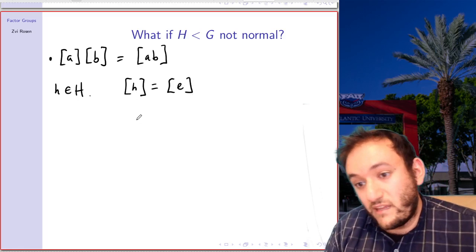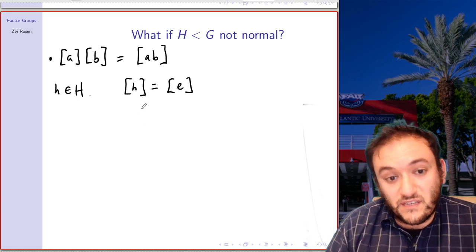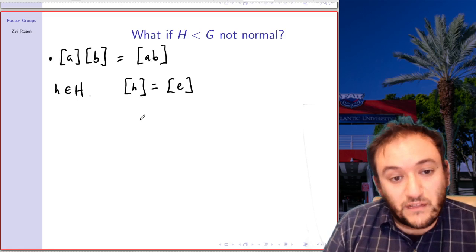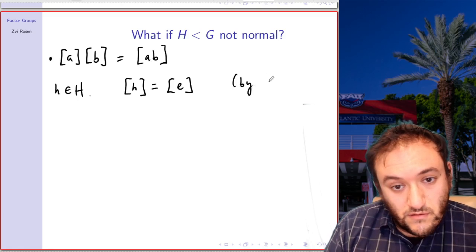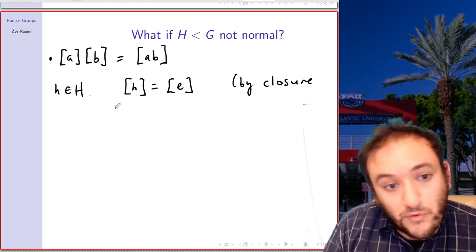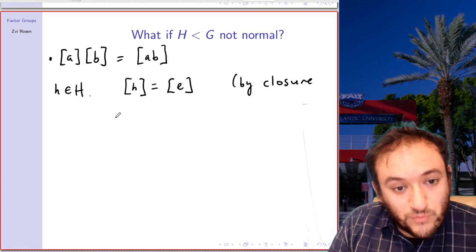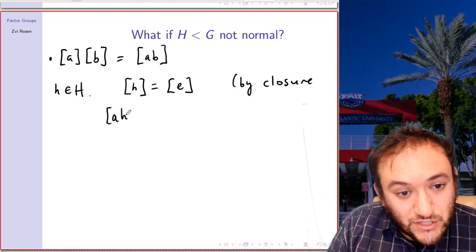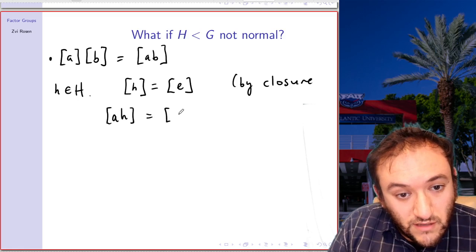Because if you multiply the subgroup by an element of the subgroup, you still get the subgroup by closure. And using this operation, if we multiply on the left, we find that haH will be equal to aH.